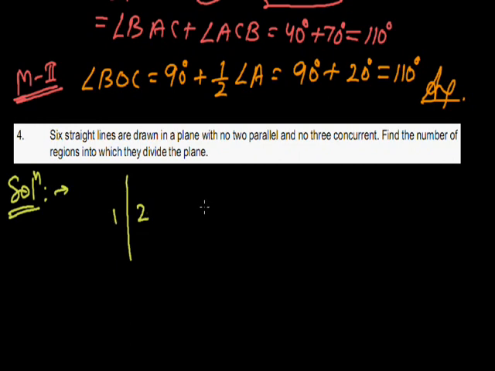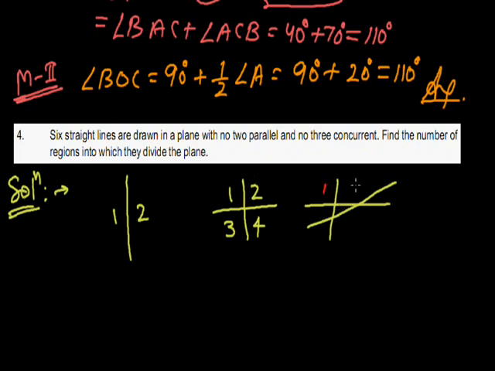Now if there are 2 lines, let us suppose there are 2 lines, this one and this one, then the number of regions will be 4: 1, 2, 3, 4. And if there are 3 lines, let us suppose like this, then the number of regions will be 1, 2, 3, 4, 5, 6, 7. The number of regions will be 7.